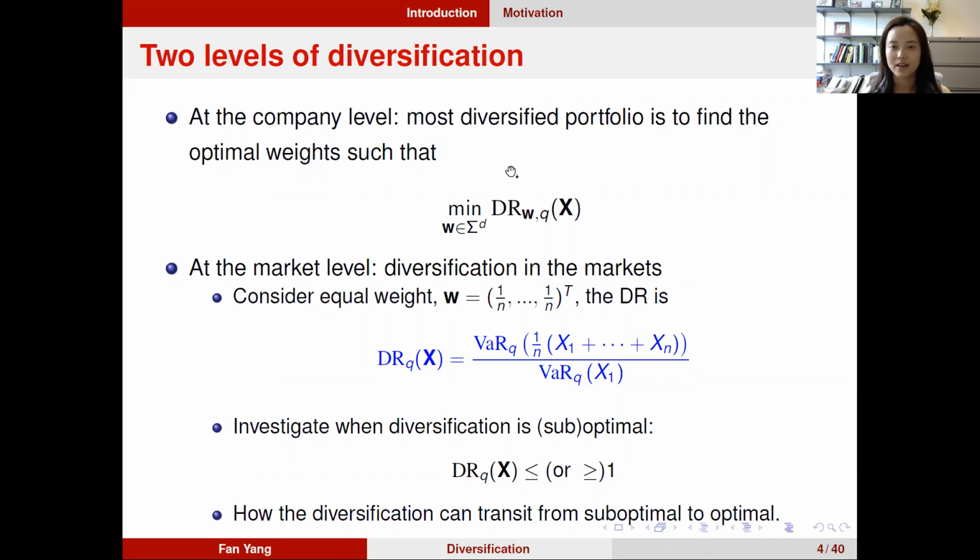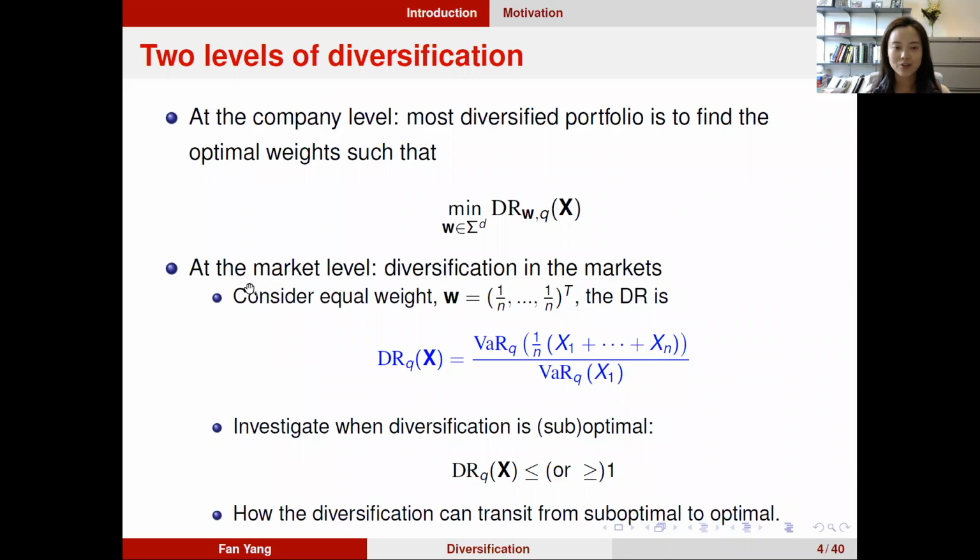We can find the most diversified portfolio by finding the optimal weight that minimizes this DR ratio. This is considering the DR as an optimal strategy.